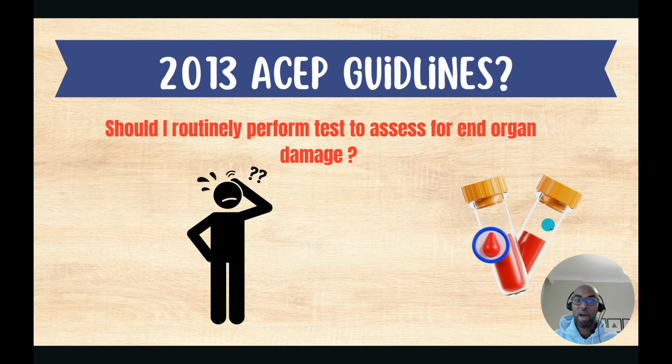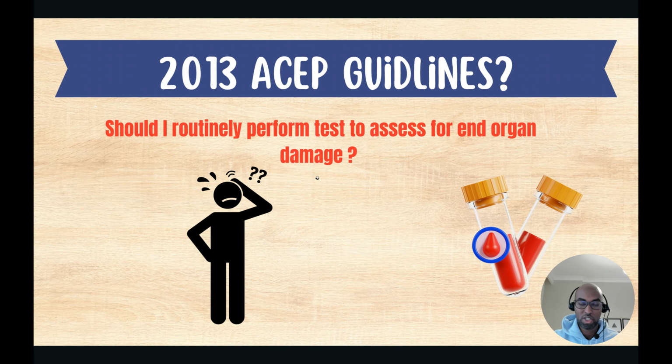After we discuss end organ damage, according to the American College of Emergency Physicians 2013, there was a question, and for me it's a really important question for the ED physician and for any doctor who works in a clinical setting. Should I routinely perform a test to assess end organ damage?